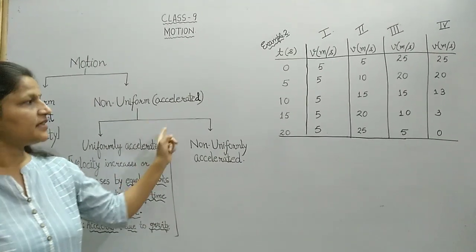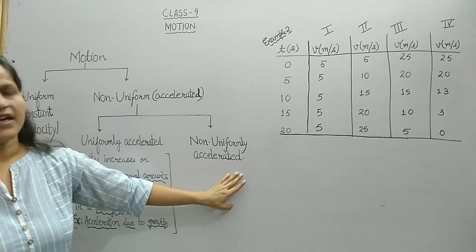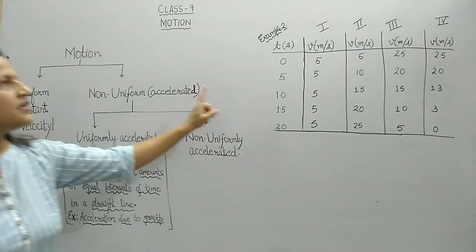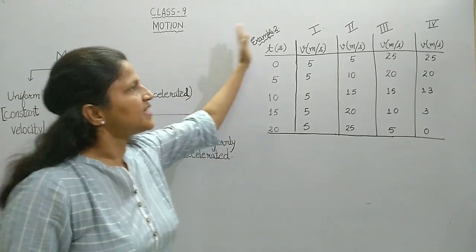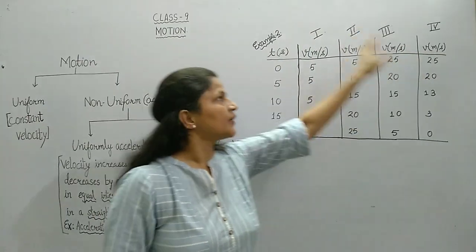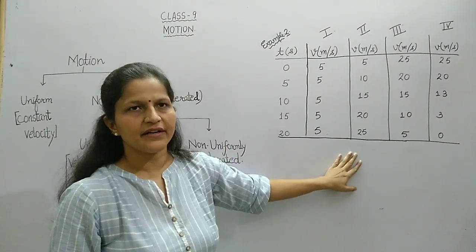Another classification is non-uniformly accelerated motion. So let us see with the help of some examples what we are talking about. Here in this example we will be considering 4 different objects whose time and velocity data are provided.